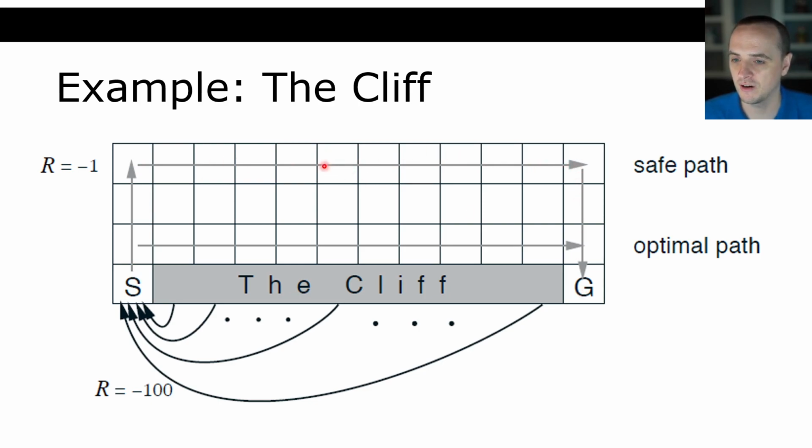Because up here, it's very unlikely that you would take multiple random steps in a row and walk off the cliff. So it takes a little bit more time to get there. Q-learning, on the other hand, will learn the best things to do at each state, not taking that randomness into account, and so it will walk right along the edge of the cliff. Okay?